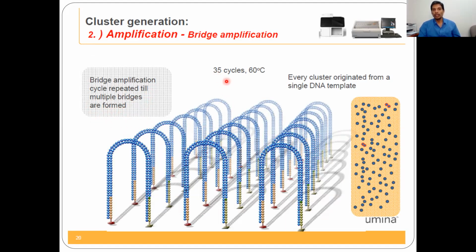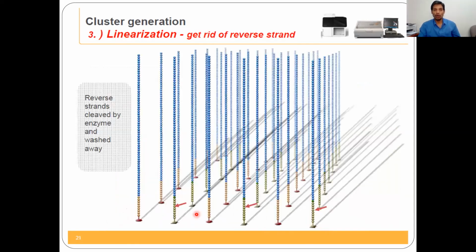Around 35 cycles, just like your PCR, at 60 degrees, and every cluster is generated from a single DNA template. All the surrounding DNA sequences are made because of that one DNA sequence. This is called one cluster. After a few primers, there will be another cluster, and that cluster is entirely different.